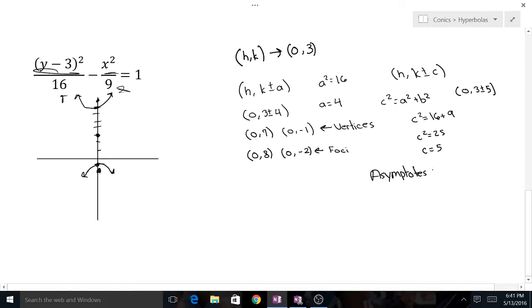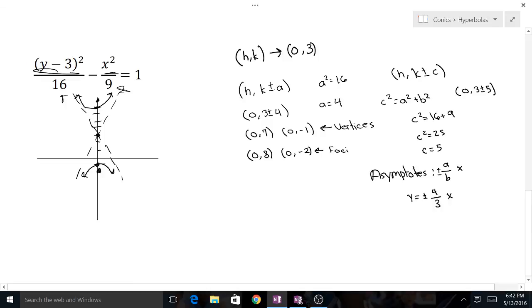So for asymptotes, y equals plus or minus a over b times x. Well, a was 4, so y equals plus or minus 4 over b, which was 3, all multiplied by x. And we know they're going to meet in the middle right here, and they're just going to approach the ends. So we can just give our best guess on the asymptotes.